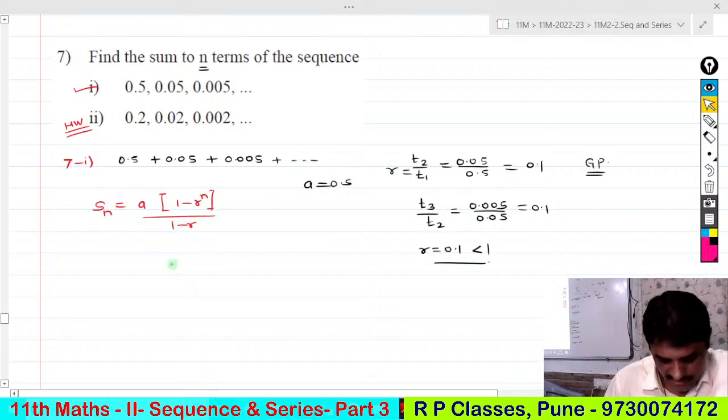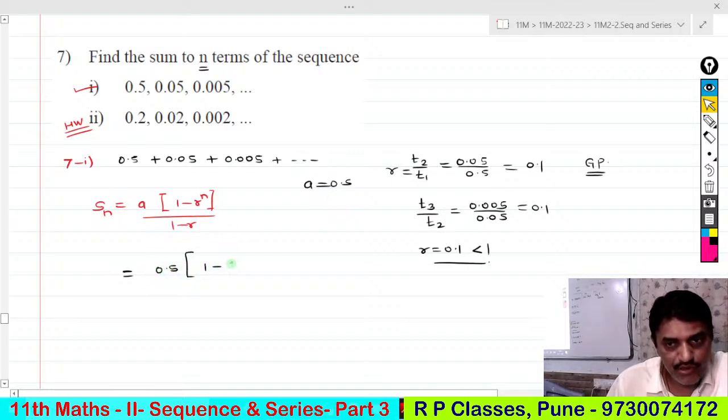Correct? Let's substitute. A is what? 0.5. 1 minus R is what? 0.1 bracket raised to n.